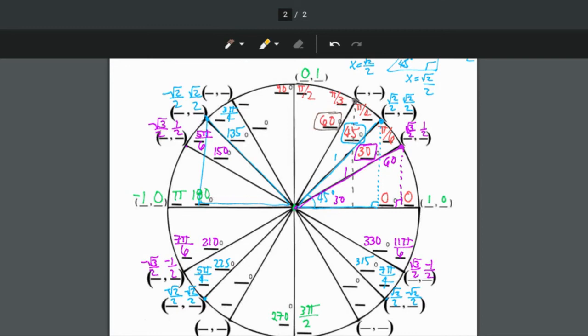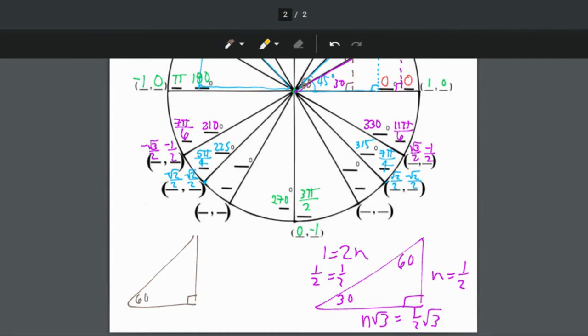All right, so finally we're going to look at the 60-degree angle, and that makes a triangle with the x-axis that has a radius or hypotenuse of 1 and an angle at the origin of 60 degrees. So if you think to geometry, if we have a 60-degree angle in the bottom corner, then across from the 60-degree angle, that's our n root 3. Across from the 30 is the n, and then our hypotenuse is 2n.